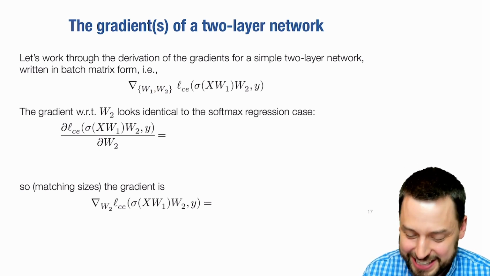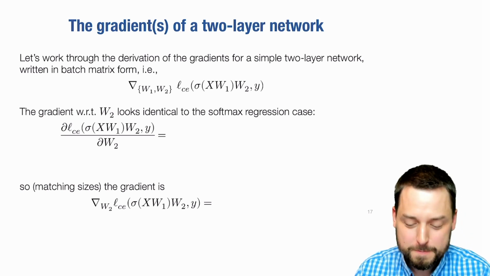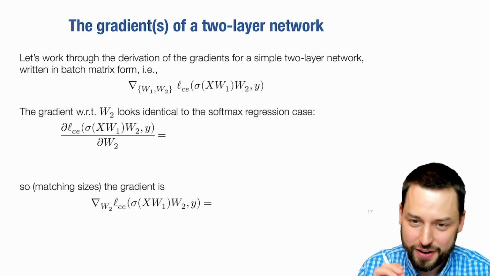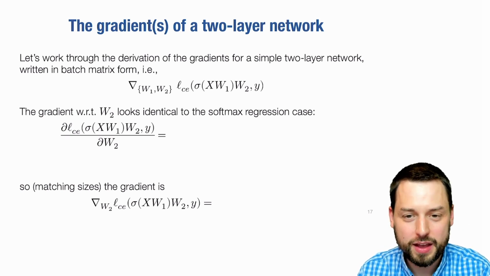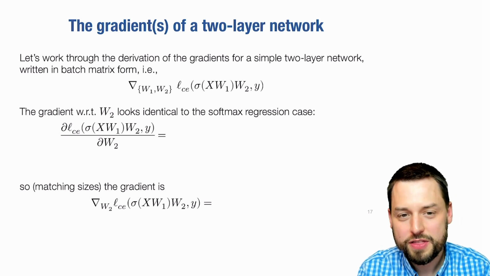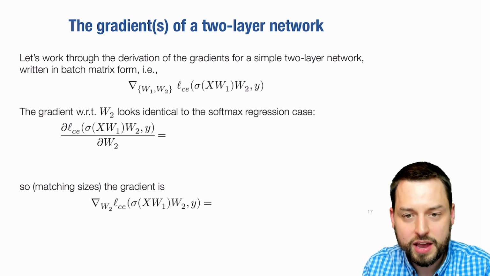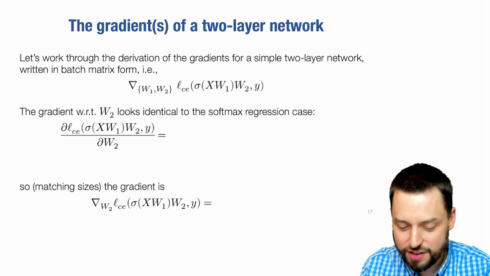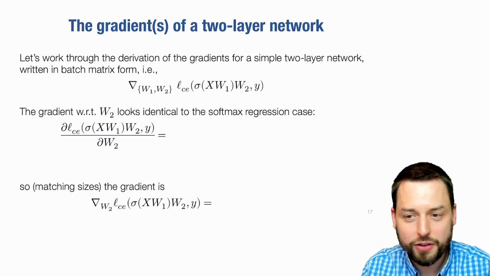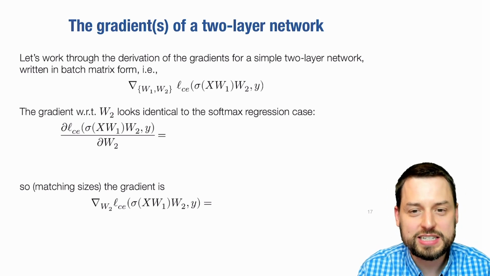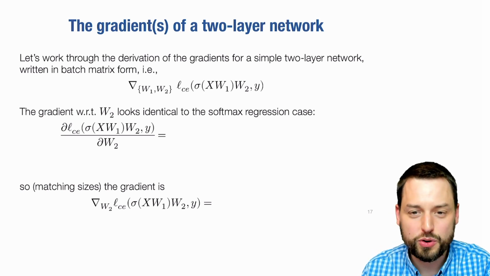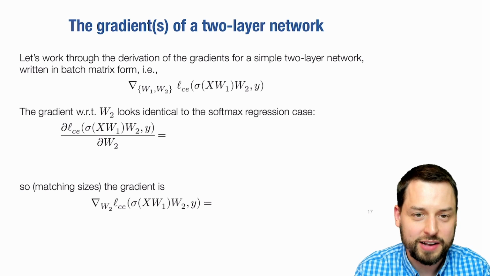We have to just sit down and do it. We're going to use the exact same techniques that we used last lecture, so if you're forgetting exactly how we did this, go back and watch that lecture. The trick is to take partial derivatives as if all our values were scalar valued, then look at the sizes of the resulting quantities, and figure out what our actual gradient has to be in order to make these sizes work.